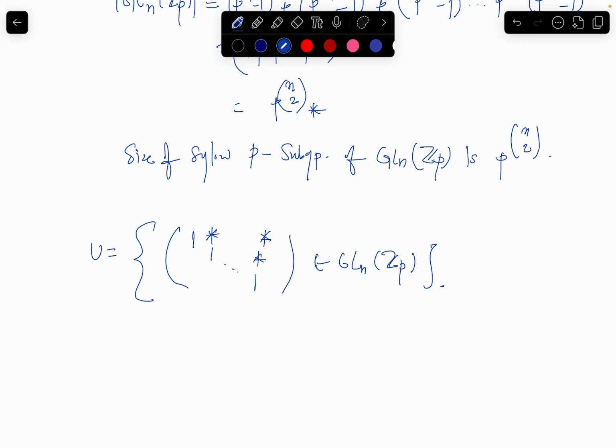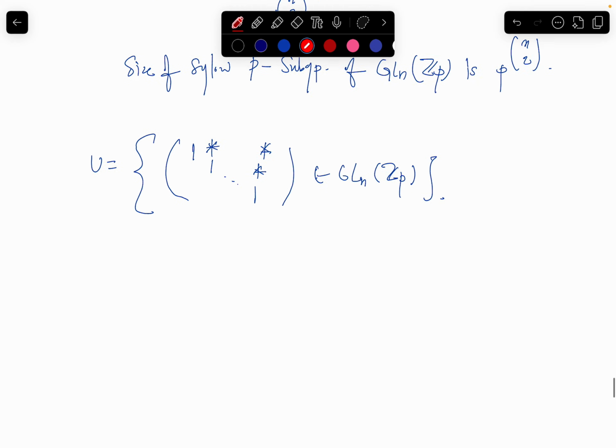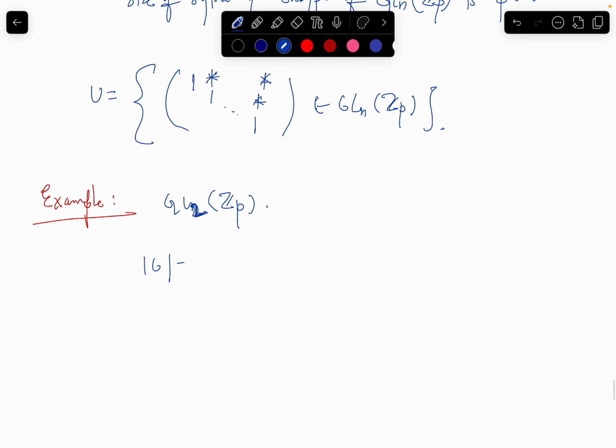So let's do one last example. Let us focus on, say, GL_2(Z_p). What is the size of this GL_2(Z_p)?